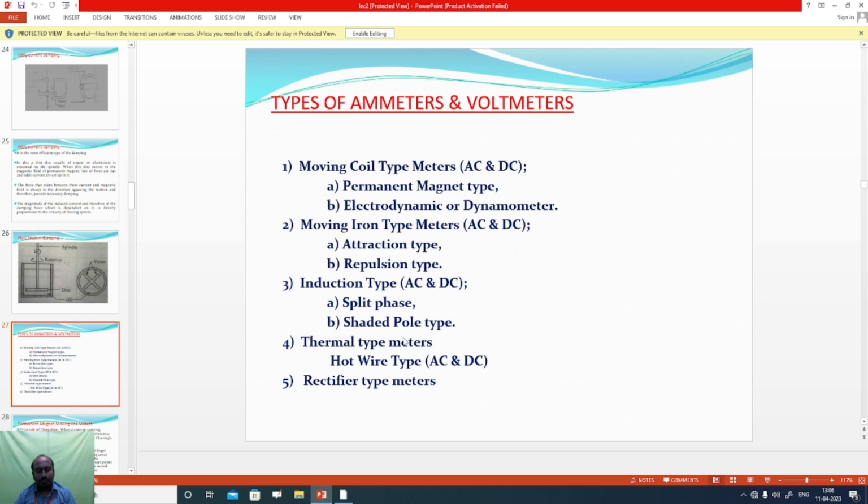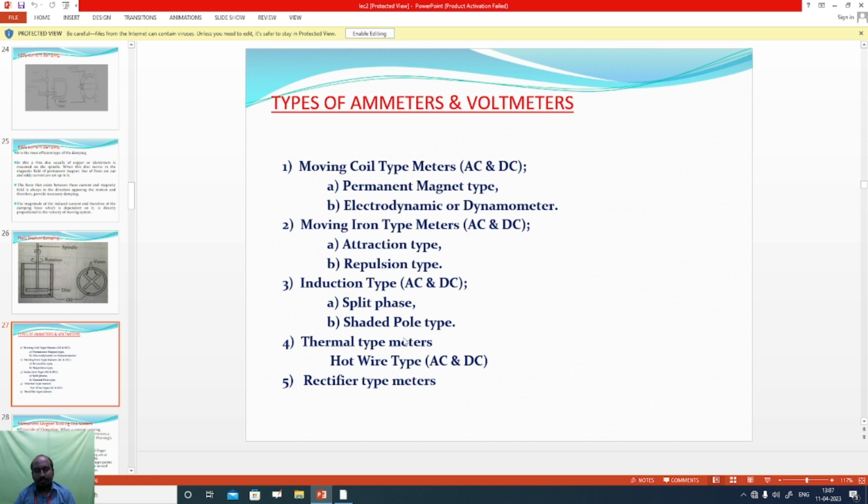For the measurement of voltage and current, there are many types of voltmeters for the measurement of voltage, and many types of ammeters for the measurement of current. They can be subclassified as moving coil type, permanent magnet type, electromagnetic type, or dynamometer type.